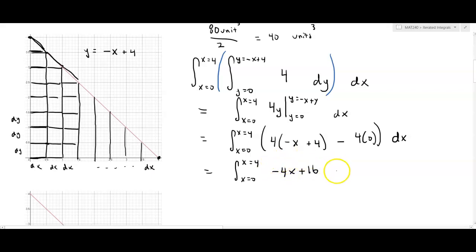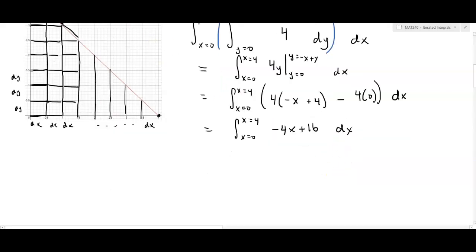So now I'm going to integrate -4x plus 16 with respect to x. The integral of -4x plus 16 is -4 halves x squared plus 16x, and I'm going to evaluate that from x equals 0 to x equals 4.